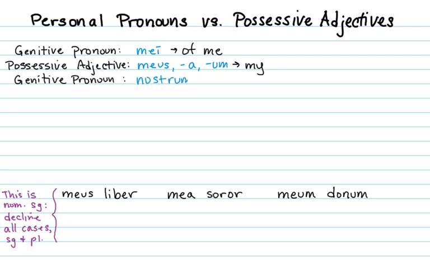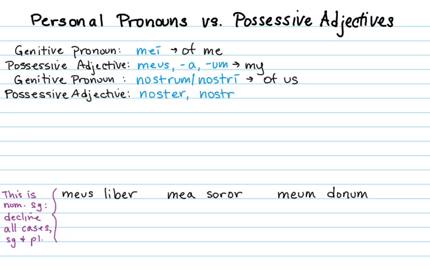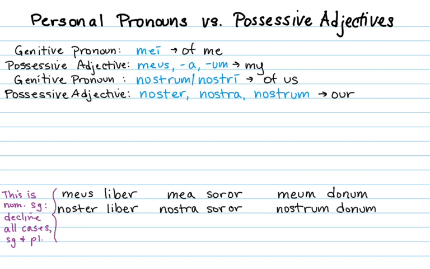For the first person plural, of us, nostrum, nostri, the pronoun, the Romans preferred to use the possessive adjective instead, which is noster, nostra, nostrum, our. So, noster liber, our book, nostra soror, our sister, nostrum donum, our gift. The genitive pronoun of the singular second person is tui, of you.